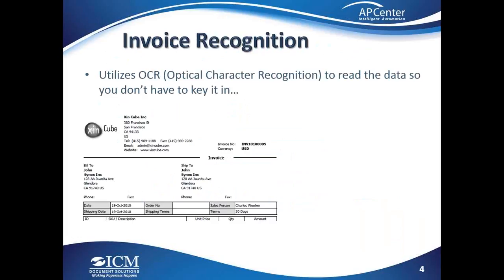So the next step that we go through with AP Center is an OCR, optical character recognition process, that will basically evaluate those invoice images and extract the data that it can find on those images. Now, that's always going to be driven by the quality of the original invoice, of course, which unfortunately you're not in charge of.